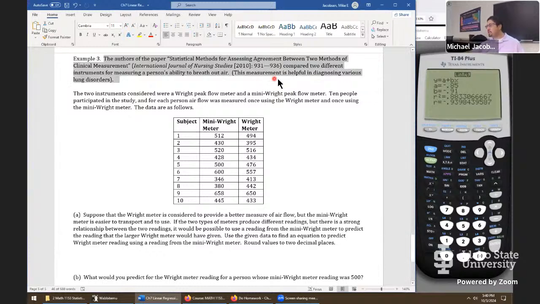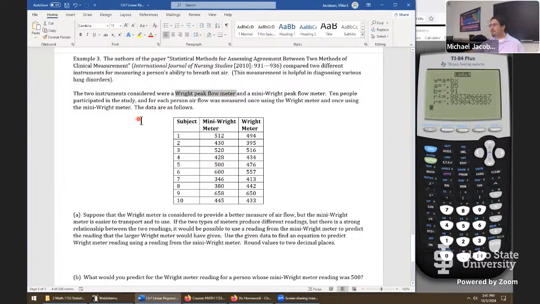They also go on to say the measurement is helpful in diagnosing various lung disorders. So here are the 2 instruments we're looking at. The 2 instruments were called a Wright peak flow meter and a mini Wright peak flow meter. It says that's measuring a person's ability to breathe out fresh air. Sounds like the FEV data that we were looking at earlier.